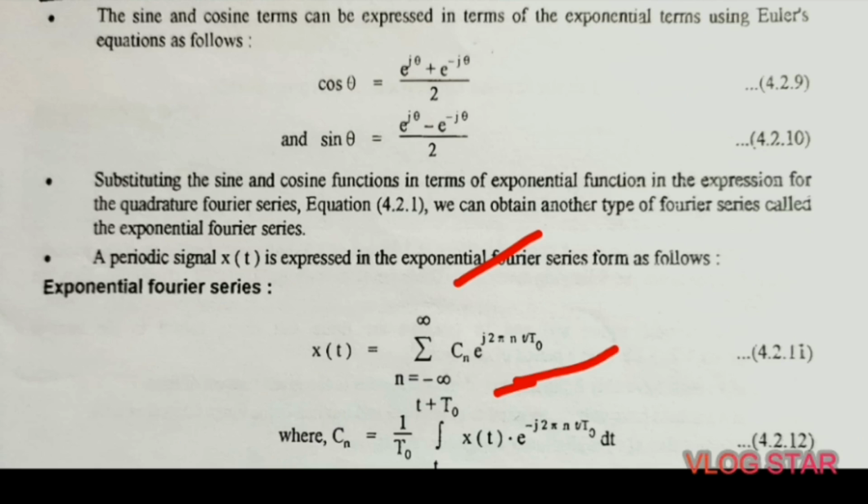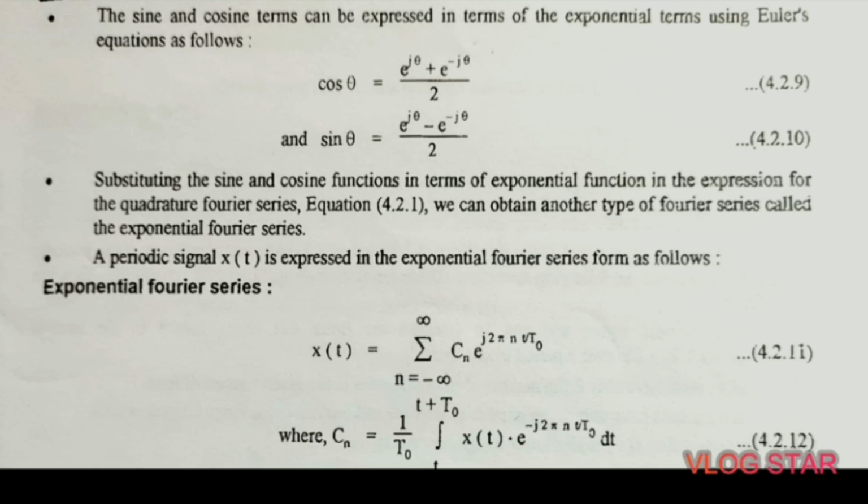The phase spectrum is denoted by phi n, equal to tan inverse of imaginary part of Cn divided by real part of Cn. The phase spectrum is a graph of phi on the y-axis versus frequency on the x-axis. The amplitude spectrum is a symmetric or even function, that means mod of Cn is equal to mod of C minus n, but the phase spectrum is an asymmetric or odd function, that is arg Cn is equal to minus arg C minus n.